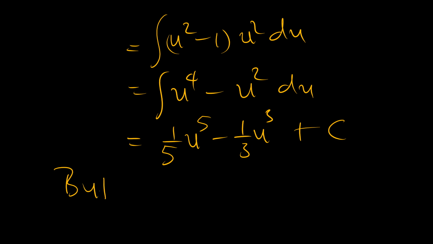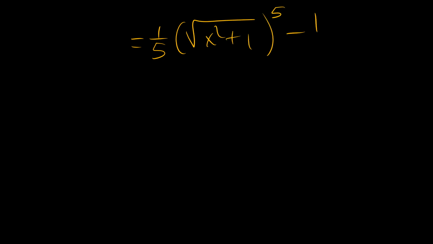But we said u is equal to the square root of x squared plus 1. So our problem now becomes 1 over 5 square root of x squared plus 1 to the power 5 minus 1 over 3 square root of x squared plus 1 to the power 3 plus c.